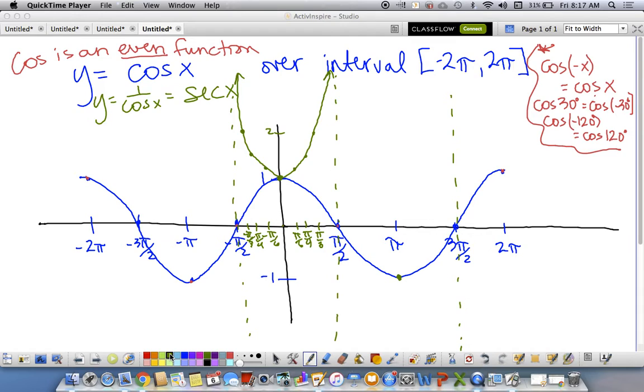Now, what's going to be happening between pi over 2 and 3 pi over 2? We've got 1 point. I don't think we have to go through all 6 of these points to get the gist of what's happening. Could we? Of course we could. Okay? But there's a thing about when an original function is decreasing. Does everybody see from pi over 2 to pi, the blue graph is decreasing? Okay?